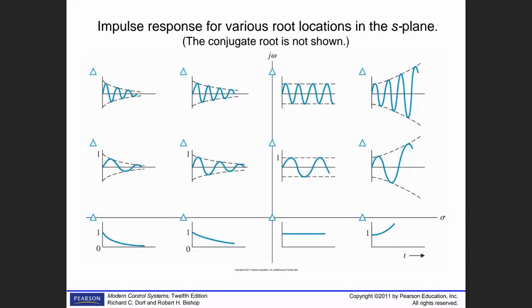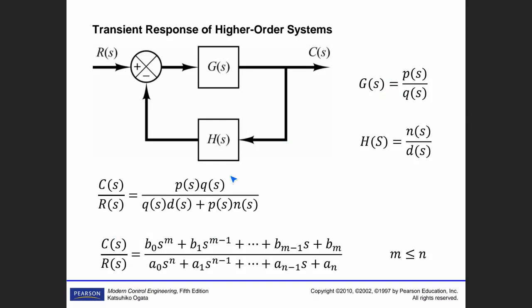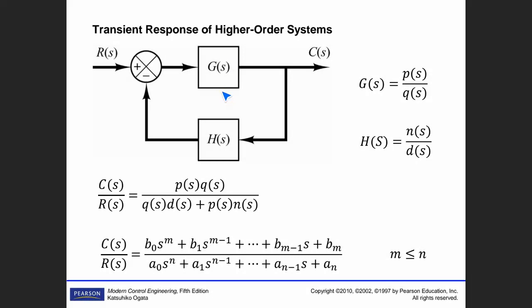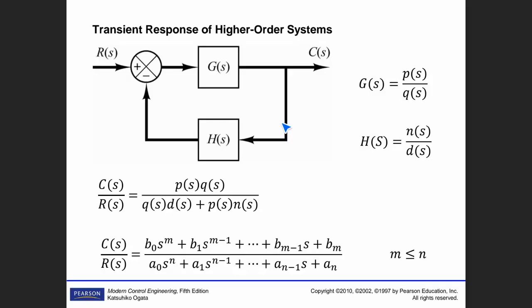Today we are going to discuss that one as well. If you have more zeros and more poles, that means your numerator has a lot of roots and your denominator, which is a characteristic equation, has a lot of roots. So that is higher. These systems are called higher order systems.